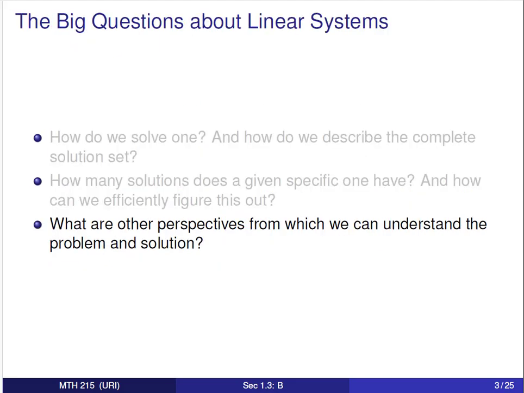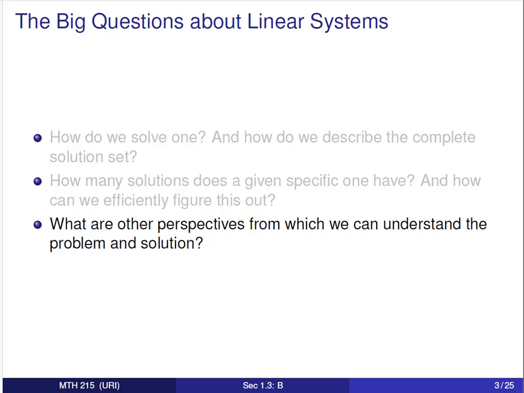All right. Now, a couple of videos ago, we laid out a couple of big questions about linear systems. We said that when you have a system of linear equations, we wanted to know how do we solve one, and we talked about that in sections 1.1 and 1.2, and how we describe the complete solution set. We also talked about how many solutions a given specific linear system could have, and how we could figure out exactly how many solutions there were.